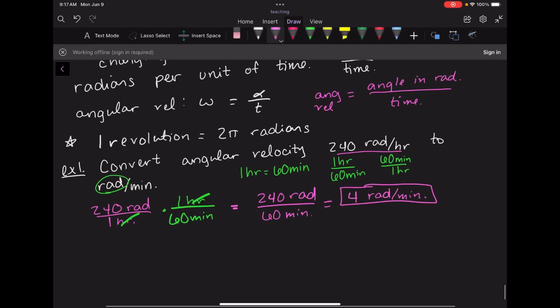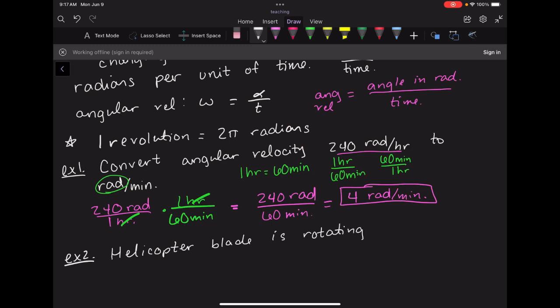So this one was just dealing with a time conversion. Let's do one where we actually have to do the angular velocity. So let's see. Example 2. I'll say a helicopter blade is rotating at 400 revolutions per minute.